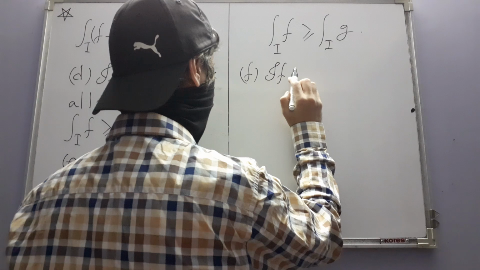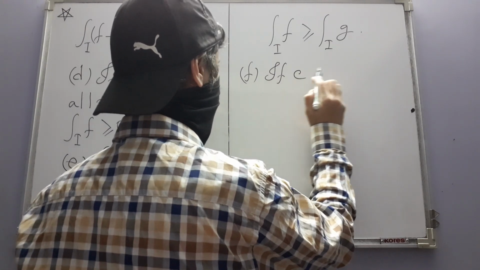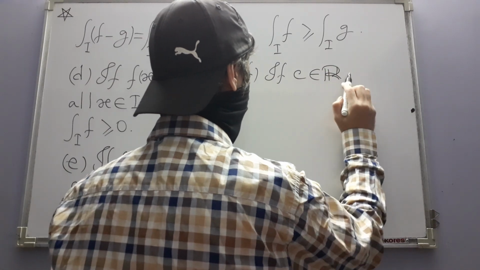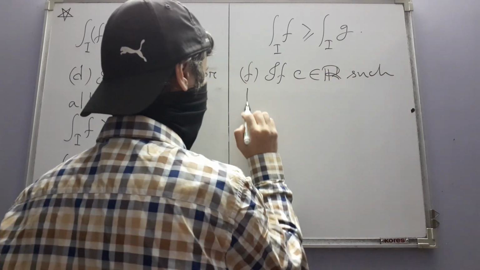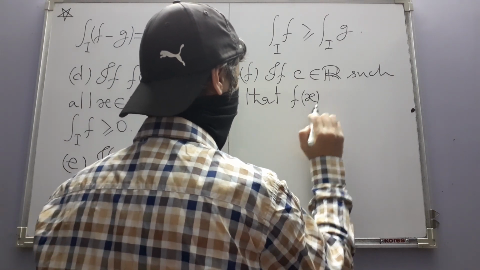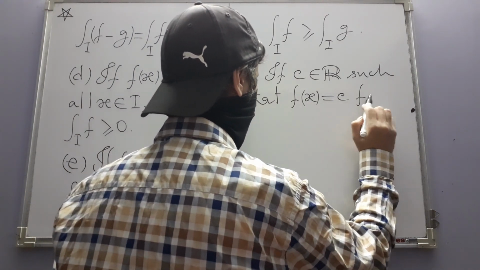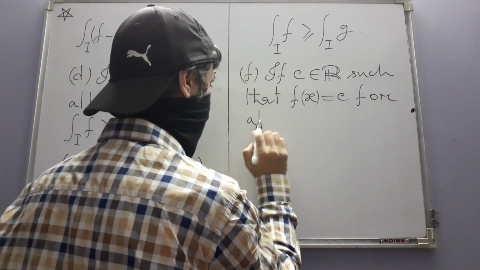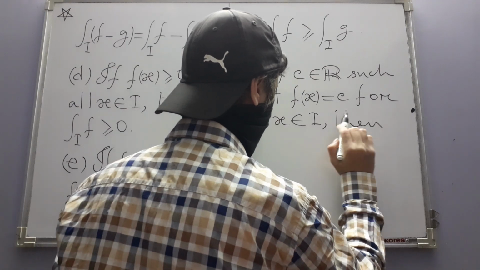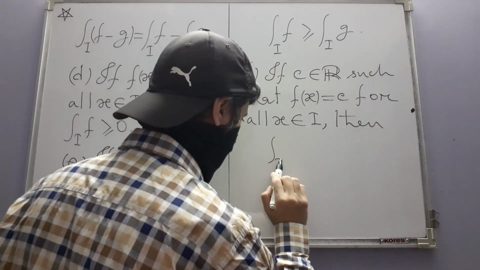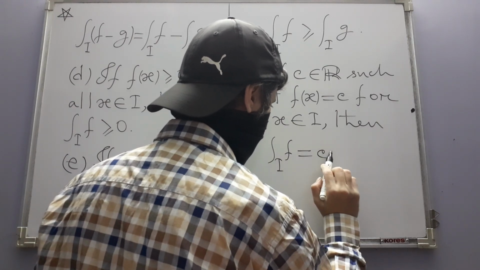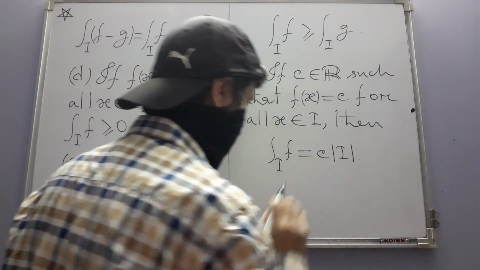If C is a real number such that f of x is constantly C for all x in I, then the integral of f over I is C times the length of I.